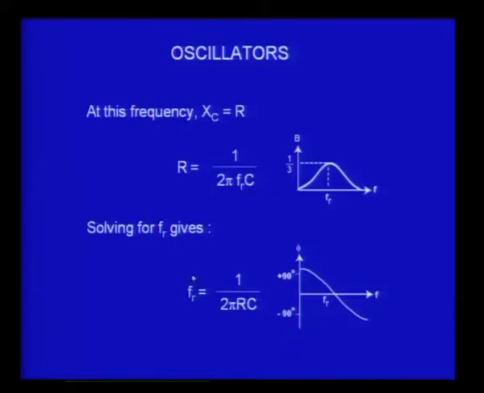So the frequency is 1 by 2 pi RC, and the phase actually goes to 0 at that frequency, where the x axis is frequency. Before it is plus 90 and beyond it is minus 90, and so in between it crosses 0, and when it crosses 0 the corresponding feedback ratio is 1 by 3, and that gives me an expression for the frequency as 1 by 2 pi RC.